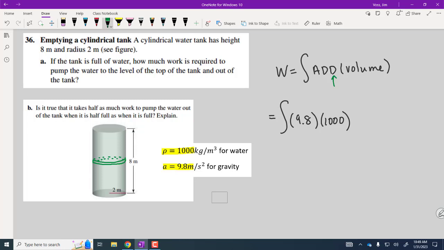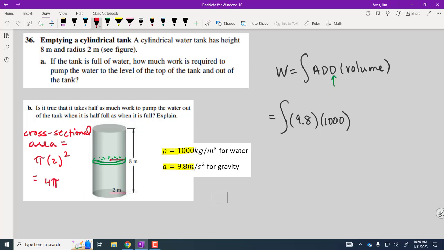Now, this is pretty easy because every slice will have the same cross-sectional area. Right, so the cross-sectional area is equal to pi r squared. So this is a cross-sectional area. Cross-sectional area is going to be equal to 4 pi.